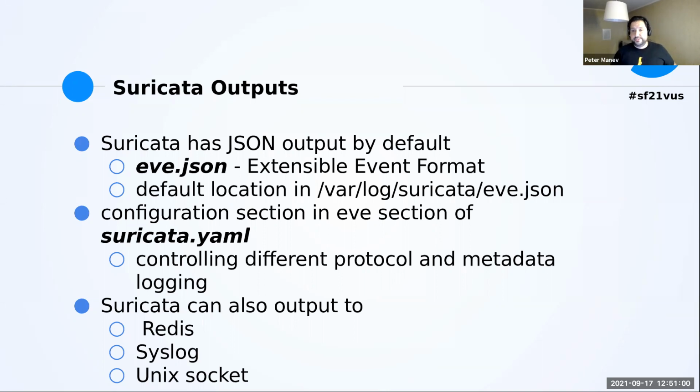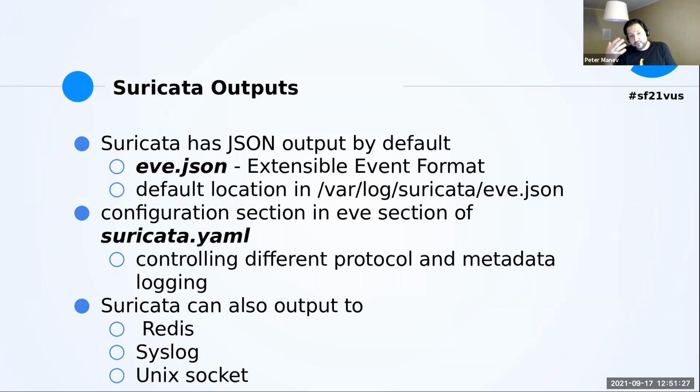The default location is in var log suricata, and the logging section in particular is of course configured in suricata.yaml. As I mentioned, YAML is the config format for the suricata.yaml file, which is the configuration file of Suricata.